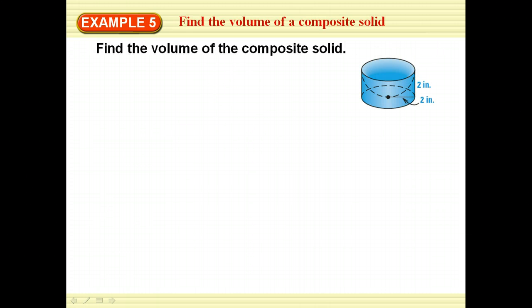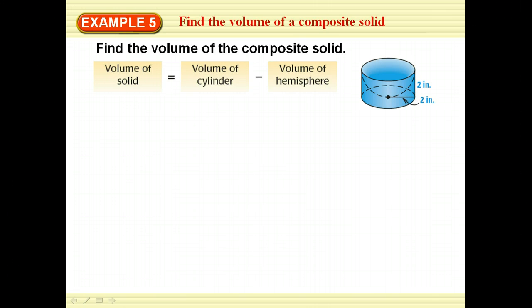The volume of a composite solid. What we're talking about here is taking the volume of this cylinder and taking away part of it. So this is hollowed out. It's sort of like a dog bowl, where it comes straight down for the cylinder to give stability, but it's hollowed out to put the dog food in.